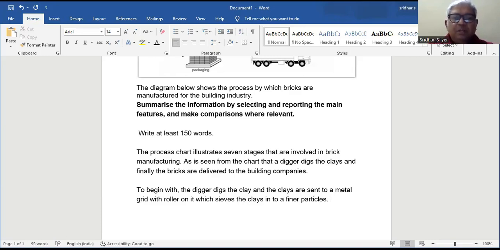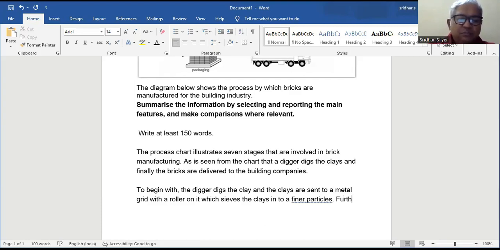All right. So to begin with, the digger digs the clay and the clays are sent to a metal grid with a roller on it, which means filters, sieves the clays into finer particles.